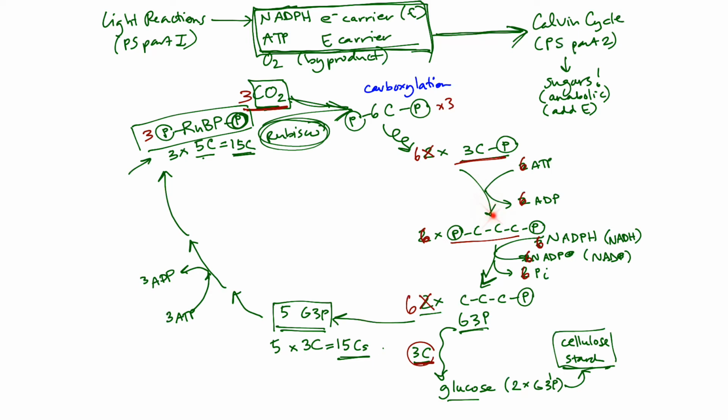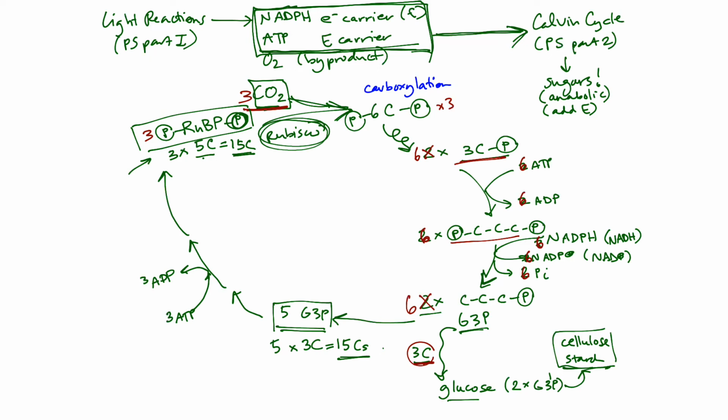And then with the help of ATP and NADPH, we're going to produce G3P, some of which can go on to help make glucose. And this is what we eat when we eat plants. I mean, we eat proteins as well, but we're also eating this glucose, cellulose, and starch. And then the remaining G3Ps get reorganized and rebuilt to make more RuBP and start the cycle all over again.